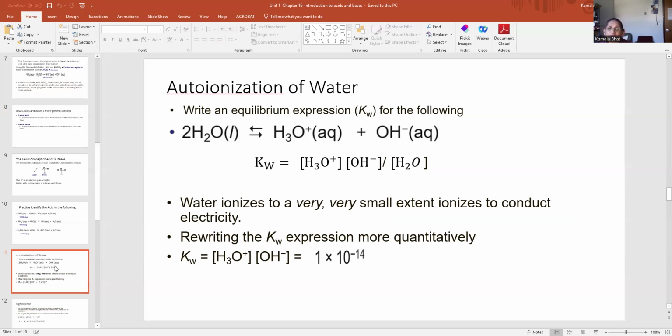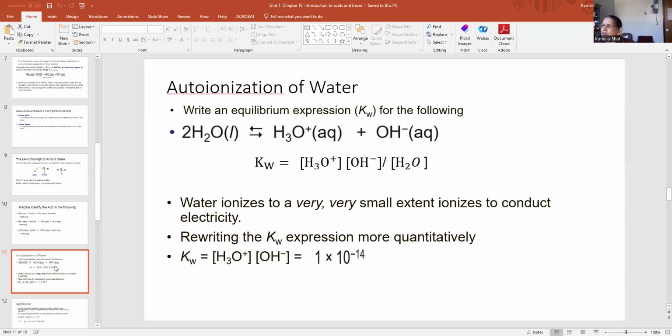And so when we write an equilibrium constant expression for water, just like how you normally write an equilibrium constant, Kw is equal to H3O+ concentration times OH- concentration divided by the reactant concentration H2O raised to the power 2.